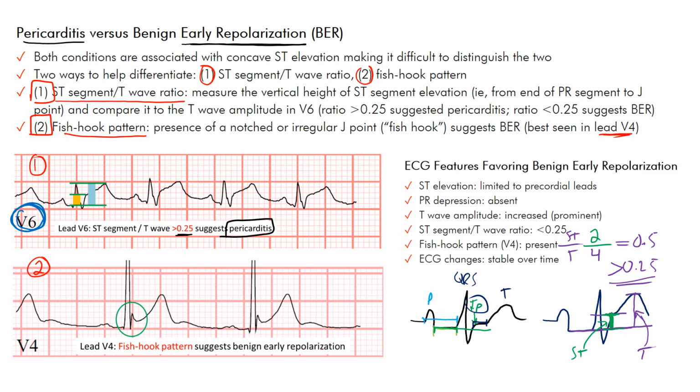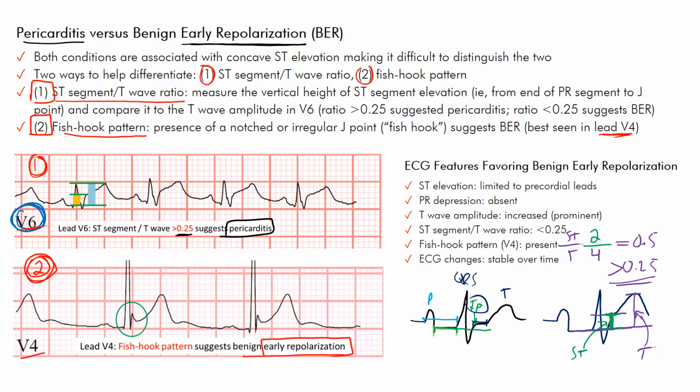So V6 we were talking about for the first one specifically, but this one here is best seen in V4, this fishhook pattern. Even though this is best seen in V4, you want to make sure that you're measuring number 1, this first one, in V6. You can't switch that.